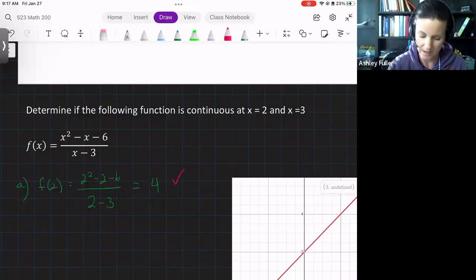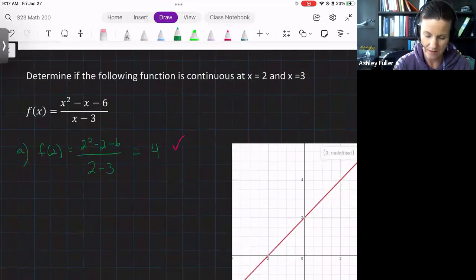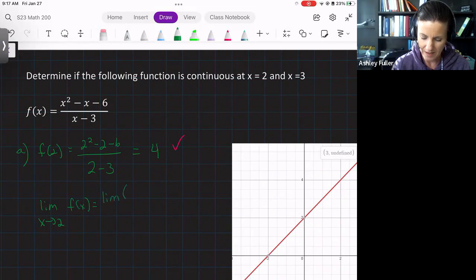The second criteria is we have to show that the limit exists and is a real number. So the limit of f of x as x approaches 2, notice if I plug that in, I get 0 over 0. I can factor the top.